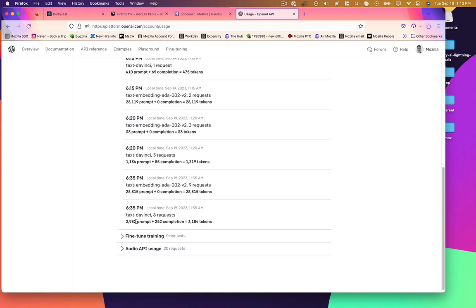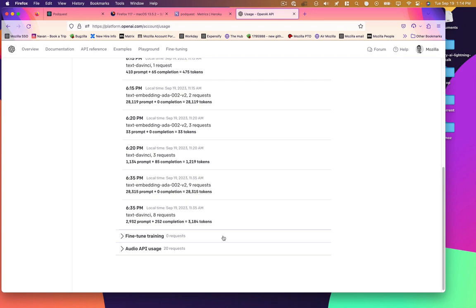But we're also adding to that context whenever we ask a question. We're saying, given what you know, and given what I'm telling you now, provide me an answer. And so that completion, the 252 tokens, is the amount of text that OpenAI and ChatGPT gave back to us. So we're being charged for that as well.